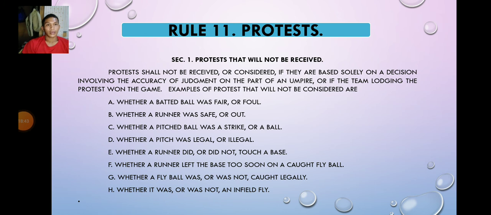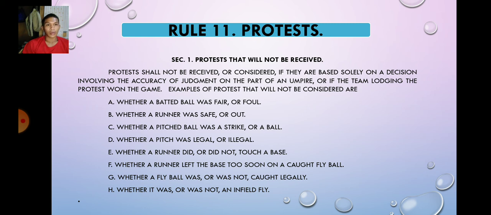Rule 11. Protest. Section 1. Protests that will not be received. Protests shall not be received or considered if they are based solely on decisions involving the accuracy of judgment on the part of an umpire, if the team lodging the protest won the game.